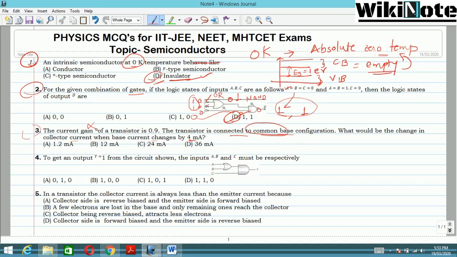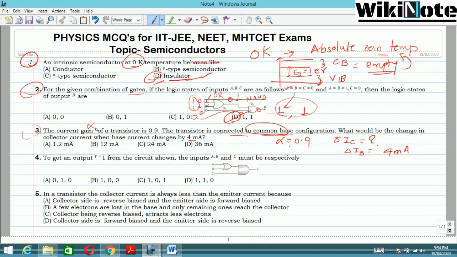This is a common base configuration and the current gain alpha is given. Alpha value is 0.9. They have asked about the change in collector current, which I will denote by delta IC, when the base current changes by 4 milliampere. That means the base current is changing by 4 milliampere, that is delta IB.